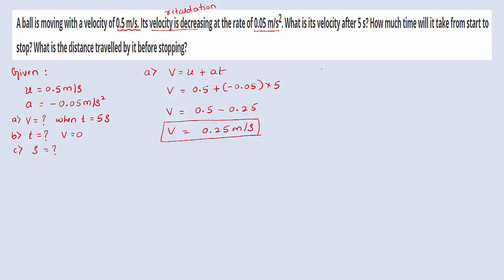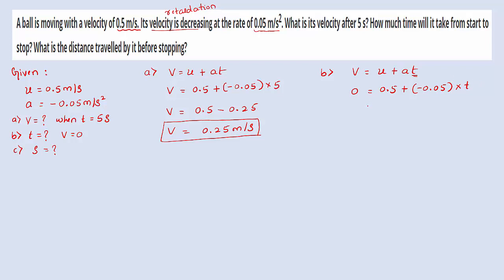Then second question, we have to calculate time. How much time will it take from start to stop? Again the suitable equation is v equal to u plus at. Here we have to calculate time from start to stop. Stop means final velocity is 0. Initial velocity is 0.5 plus acceleration is minus 0.05 into time, keep as it is.